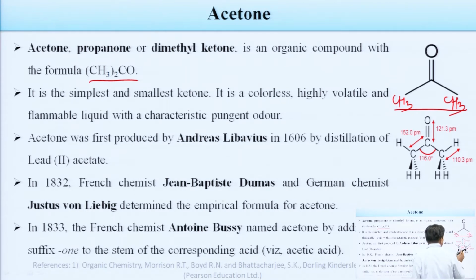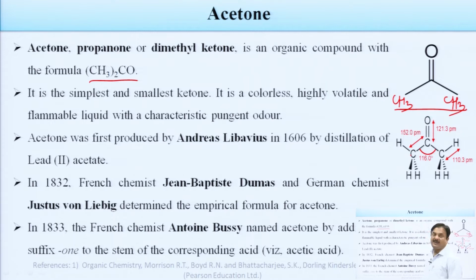You can see there is a 116-degree angle between the two carbons, the double bond between oxygen and carbon, then the bond between hydrogen and carbon, and the distances as well as angles are provided in the structure. So, you can deeply analyze the structure in your minds.